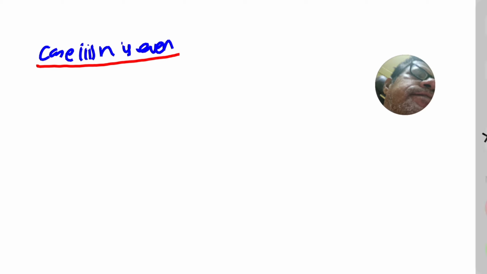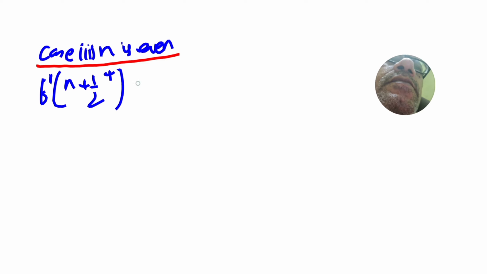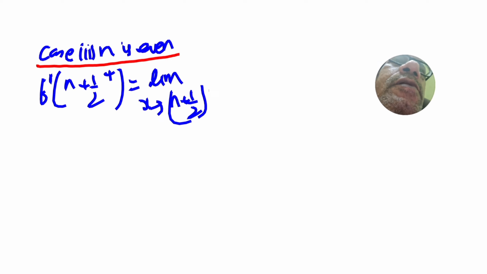Take the second case, n is even. So f dash of n plus 1 by 2 plus is equal to limit x approaches n plus 1 by 2 plus f dash of x.